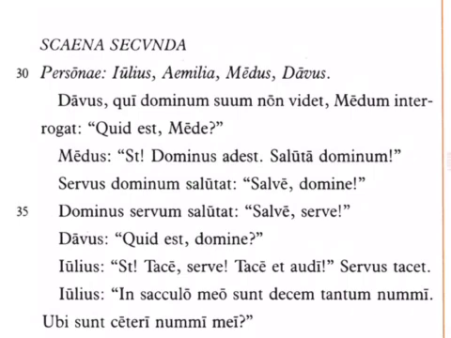That's a nice thing for the editor to do to help you read it. The main verb, as usual, is at the end, interrogat. Davus asks Medus, and then the qui clause describes Davus. Davus, who does not see his master, asks Medus.